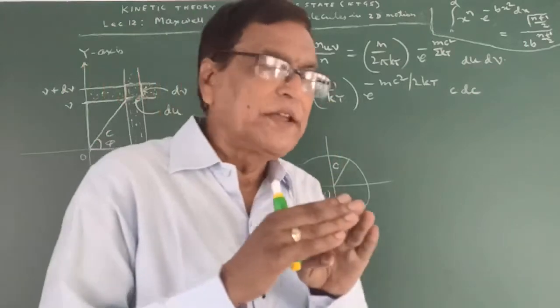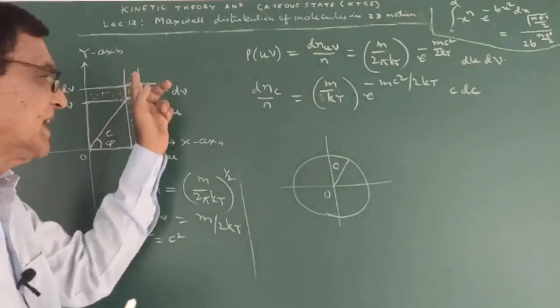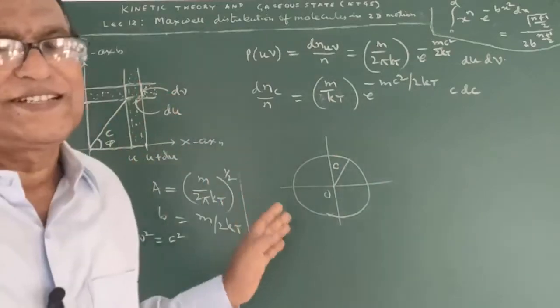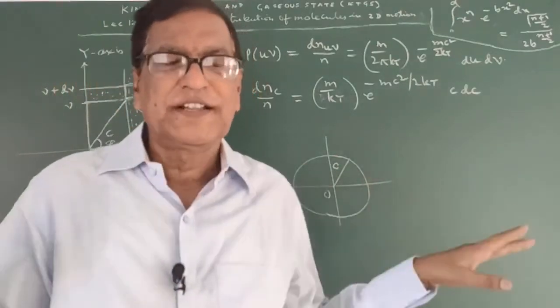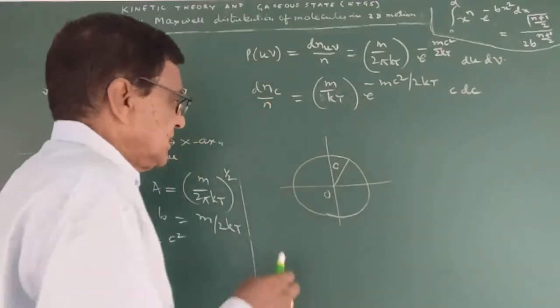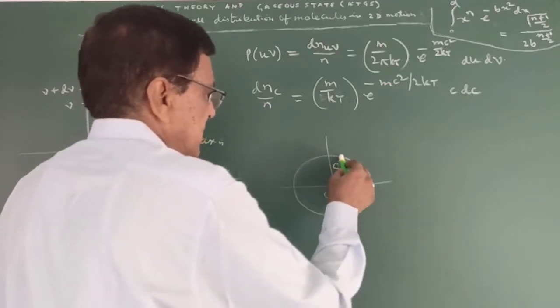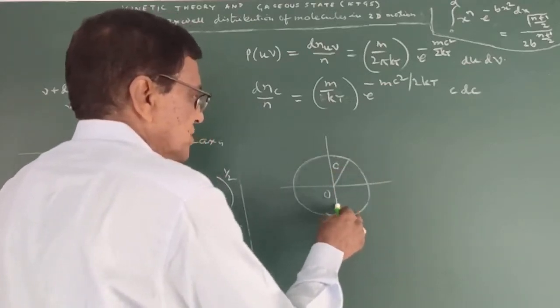U and V have particular directions, U along the x-axis, V along the y-axis, but c has no direction. c can move in all directions with equal probability. So it is expressed by a circle in planar motion.